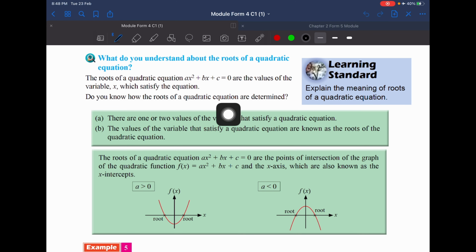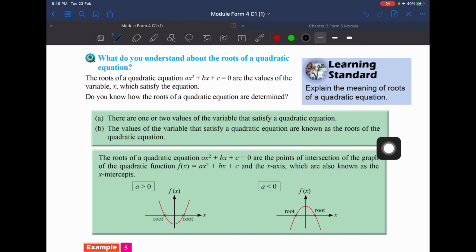If you read over here, the roots of quadratic equation ax squared plus bx plus c equals 0 are the values of the variables x which satisfy the equation. Do you know how the roots of quadratic equation are determined? The first one, there are one or two values of the variables that satisfy a quadratic equation. The values of the variable that satisfy a quadratic equation are known as the roots of the quadratic equation.